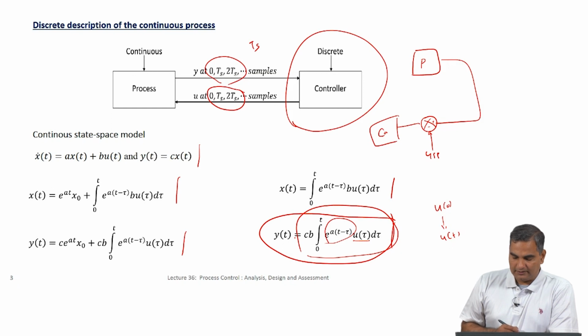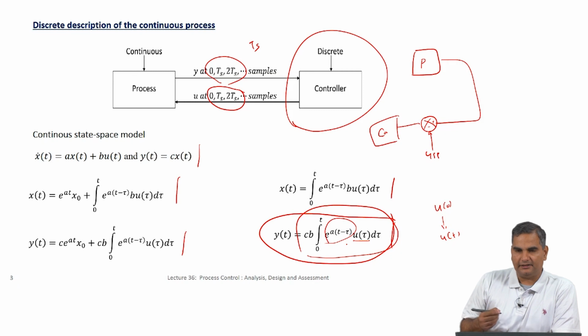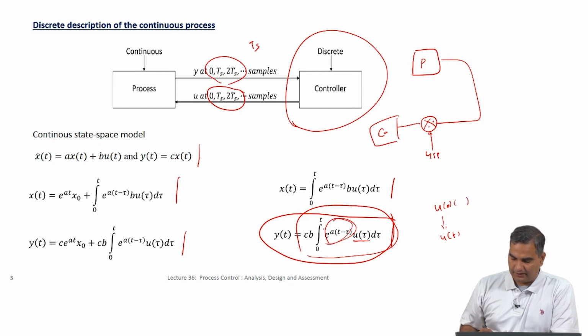What this says is, if you look at this integral and think of integration as a sum, then since tau goes from 0 to t, u of 0 is multiplied by some number here, the next u will be multiplied by some number here, and so on.